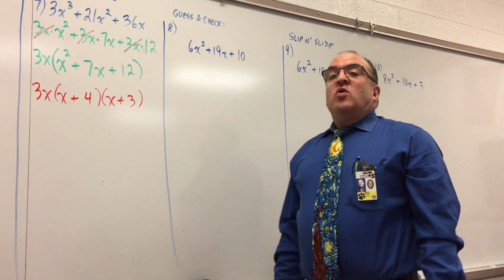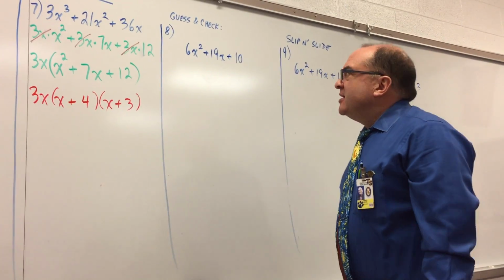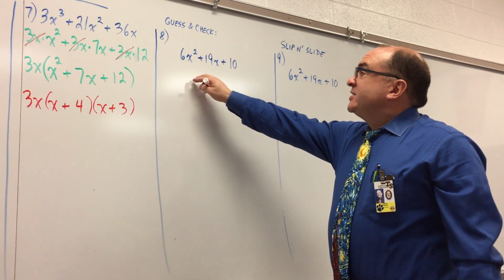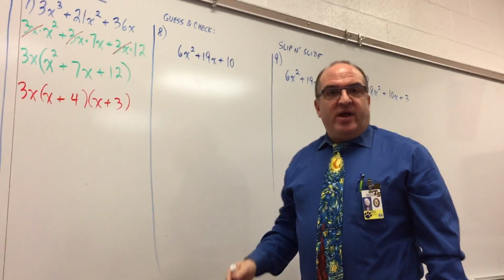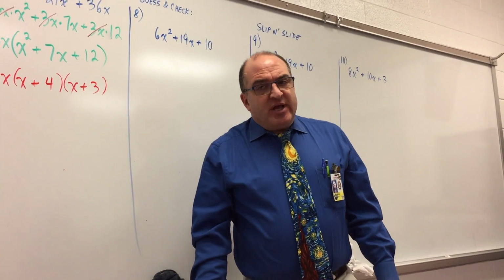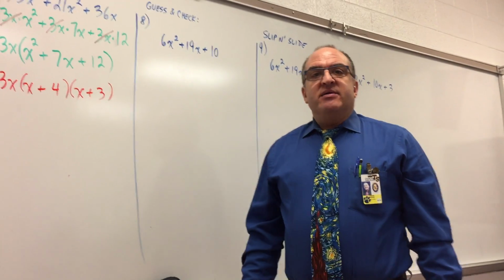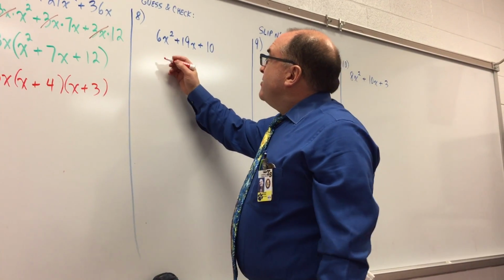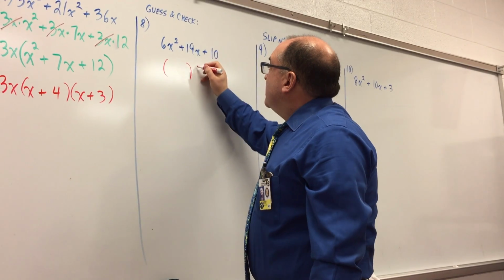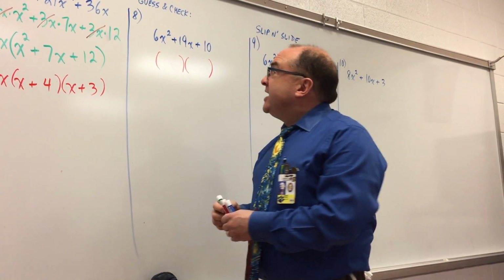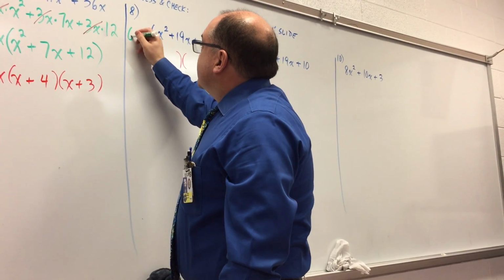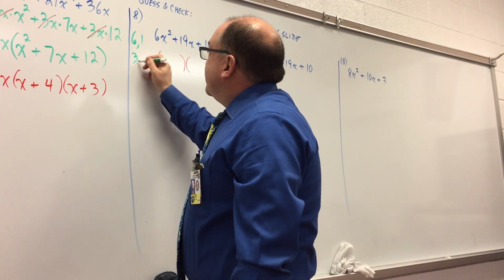Now, what our class did yesterday was factoring where there isn't something common to all three. What I taught yesterday was called guess and check, where you pretty much have to guess. First of all, what times what makes 6? It's either 6 times 1 or 3 times 2.